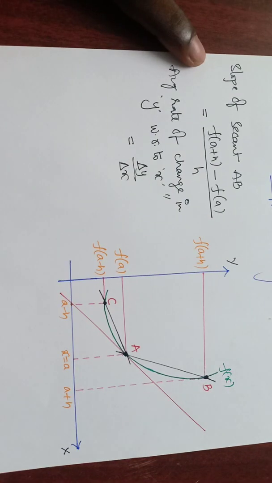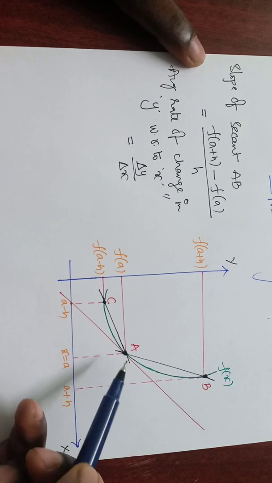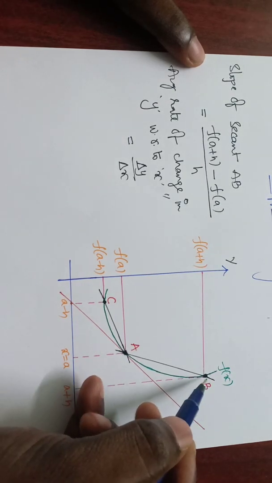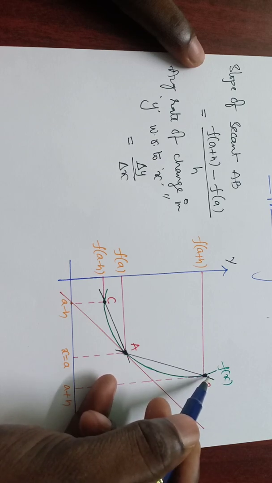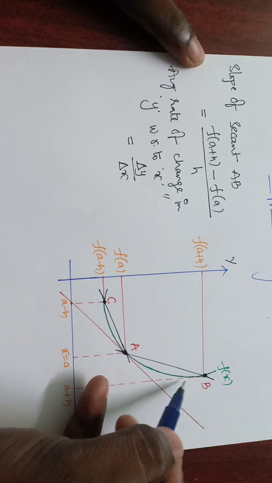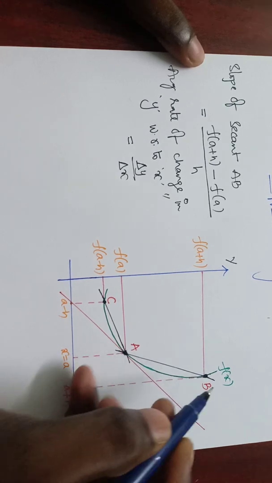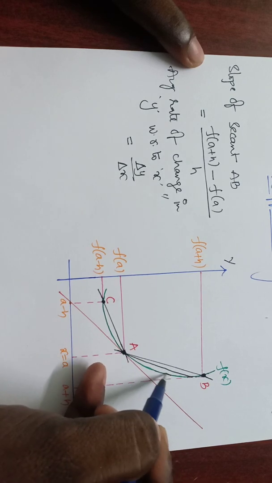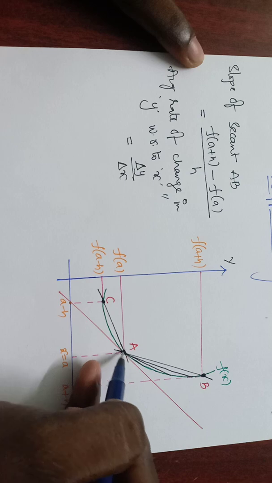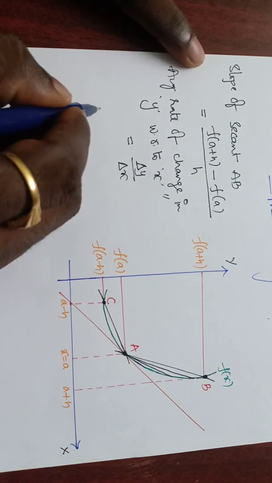Okay, now if b approaches a, what happens? Clearly the secant moves like this, so it is very close to a. Now the secant will convert into a tangent.